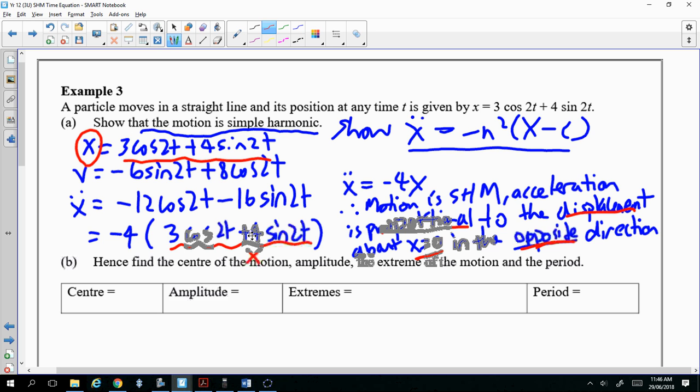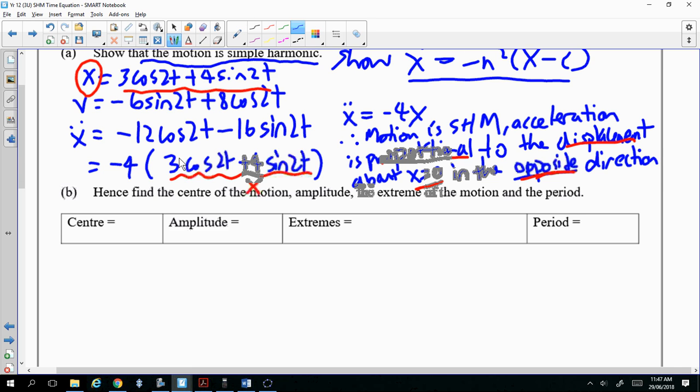Once you show it's simple harmonic, then we can answer questions about the center of the motion, the amplitude, the extreme of the motion, and the period. Now, we'll be able to find two things at this point. From this equation, we can see that n squared is equal to 4, n equal to 2. So I can work out the period first. The period is 2 pi over n, 2 pi over 2.